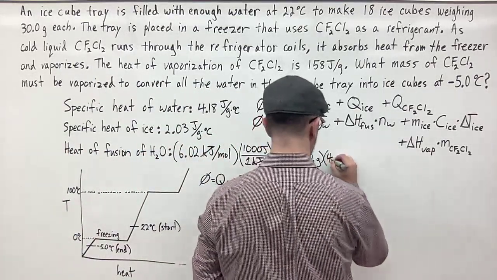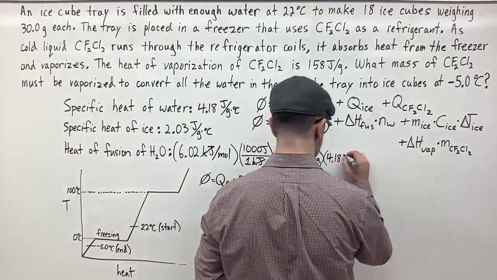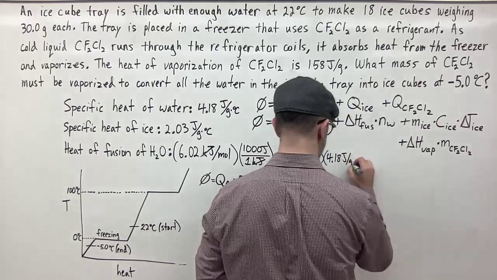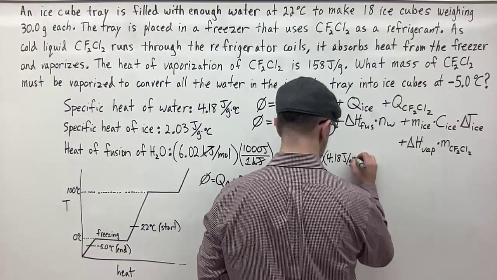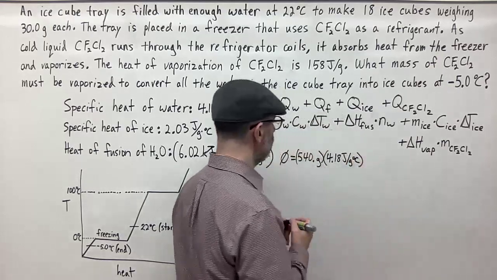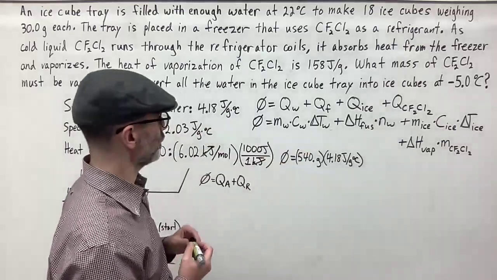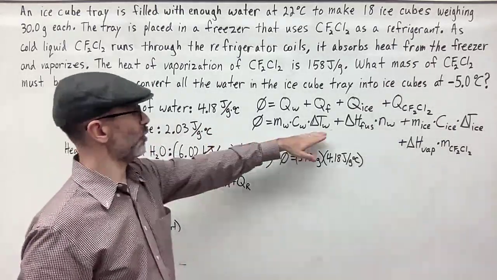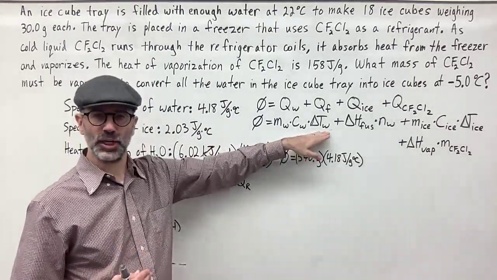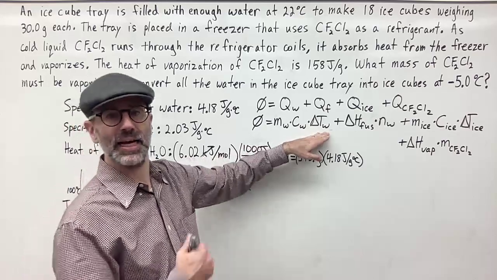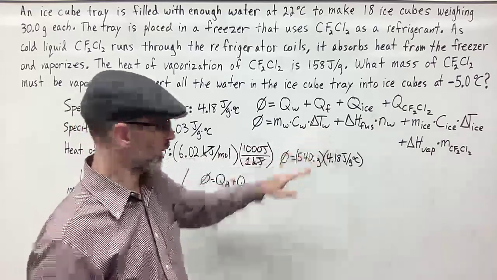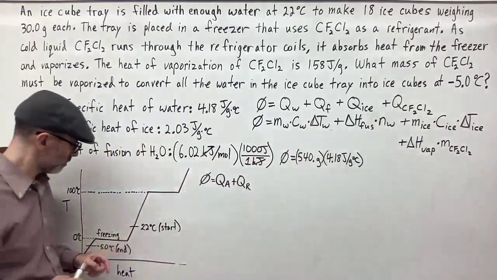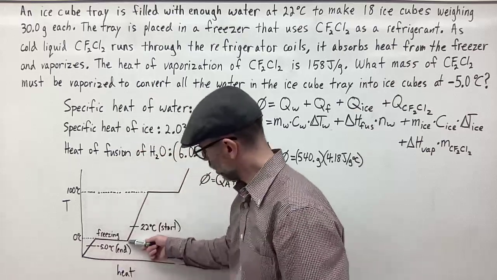4.18 joules per gram per degree Celsius, multiplied by the temperature change. So remember, the temperature change is final temperature minus the initial temperature. The final temperature here is going to be 0.